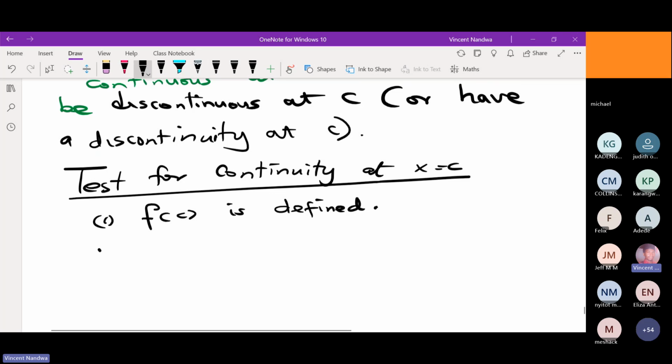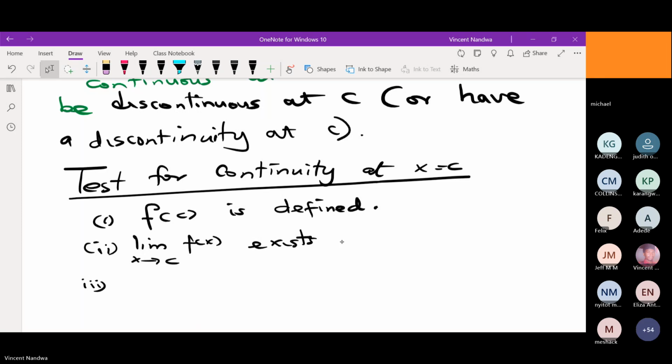Number two, we check that the limit of the function at c exists. And lastly, three, we check that f of c is the same as the limit as x approaches c of f of x. If any one of these three conditions is not satisfied, then the function is said to be discontinuous at the point c.